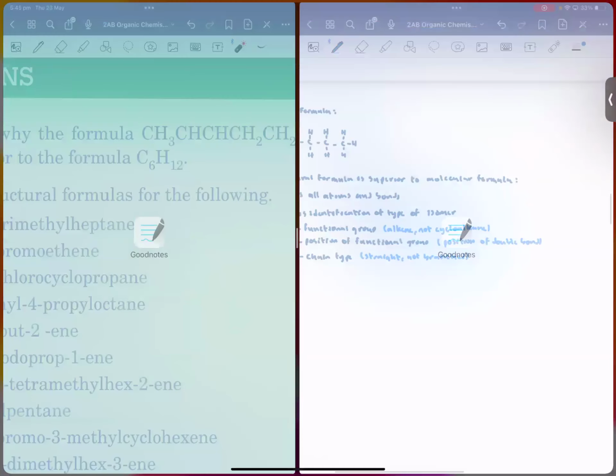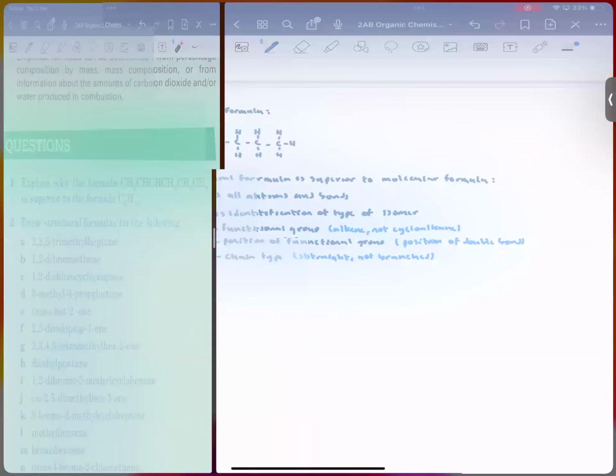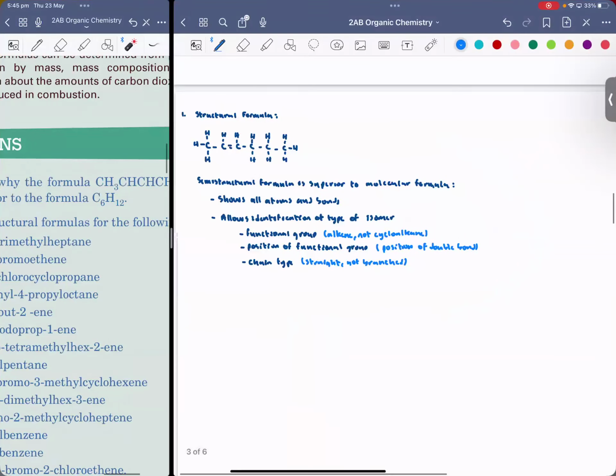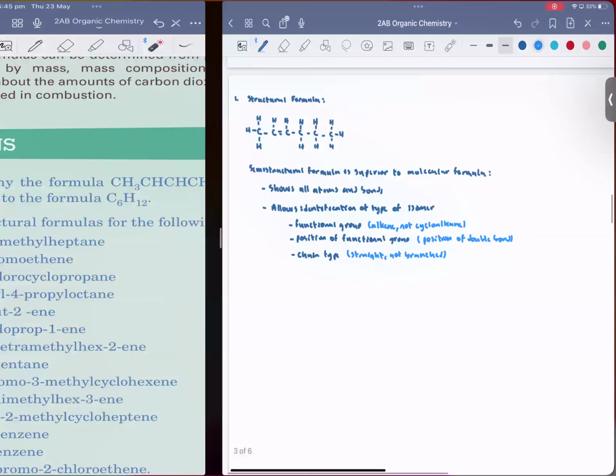All right. Question 2. This is a much easier question. It just says draw the structural formula.